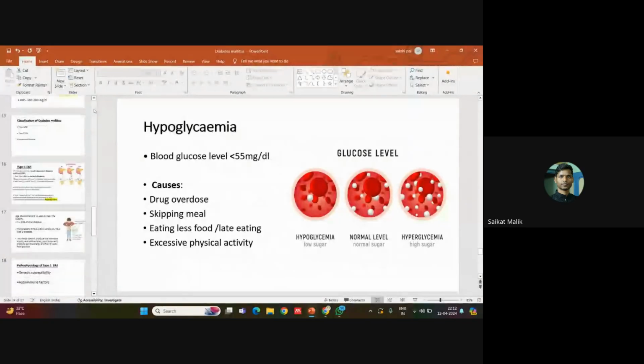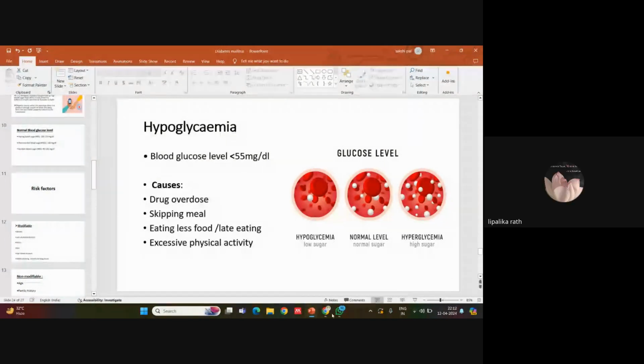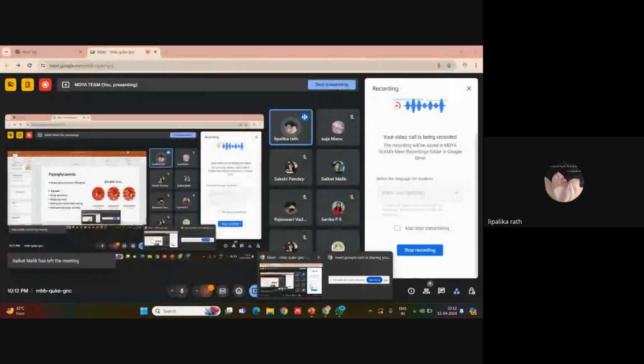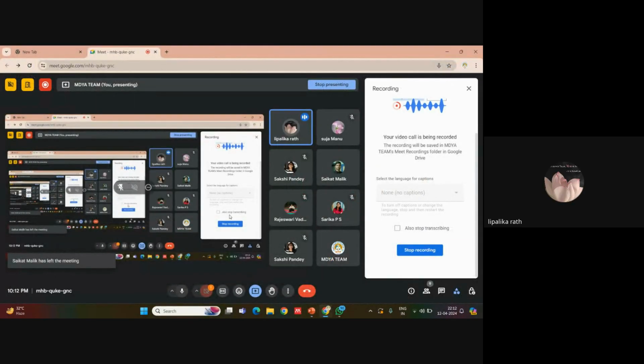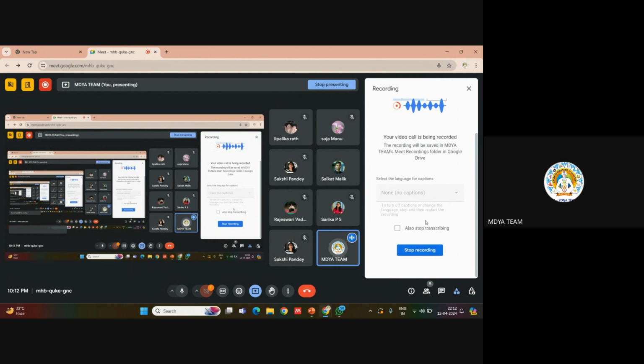Ma'am, type 1 diabetes usually happens in children. But in my family itself, there are old men, 50, 60 years old, who say they have type 1 diabetes, but I don't think so.